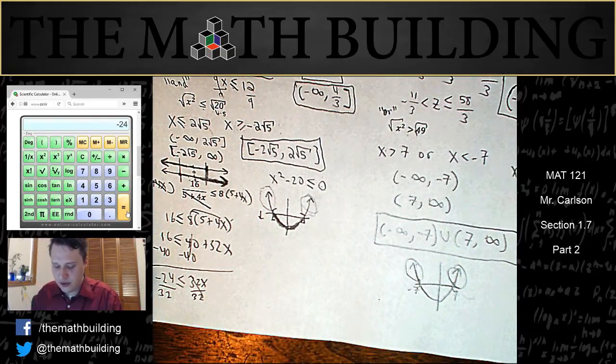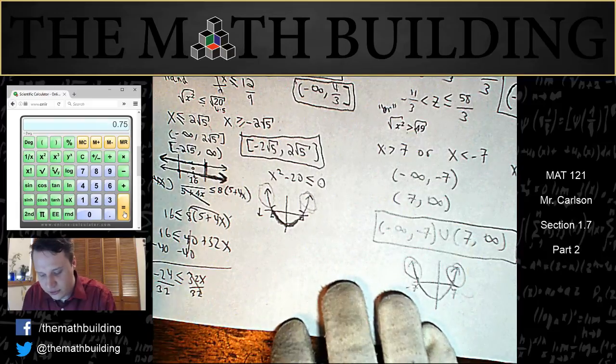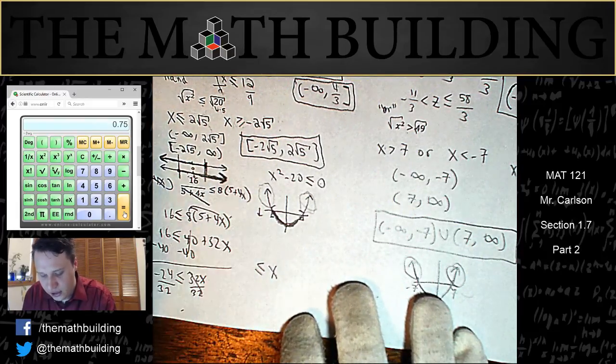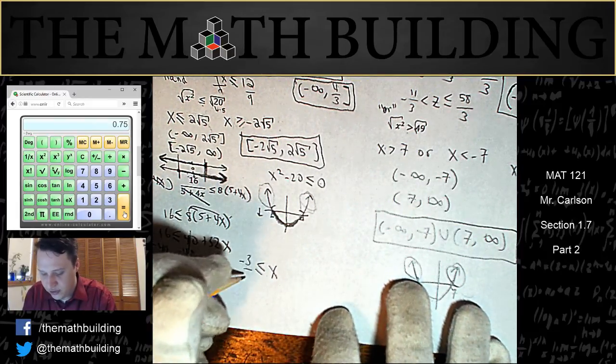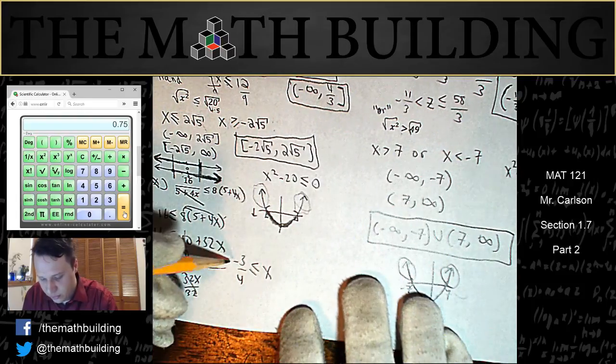So 24 divided by 32, I believe 8 will go into both of those. Yeah, so it's 0.75. So 8 goes into both of those, so you get x is greater than or equal to negative 3/4 or negative 0.75.